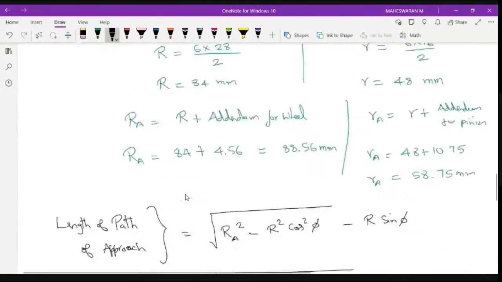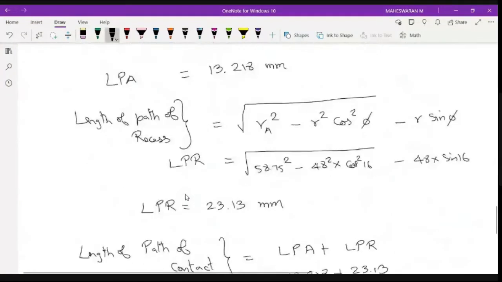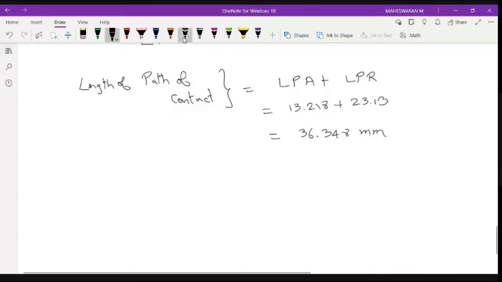So we proceed with that. To identify sliding velocity, what are the data we need? Pitch line velocity.